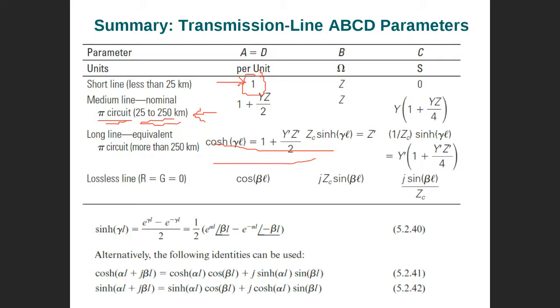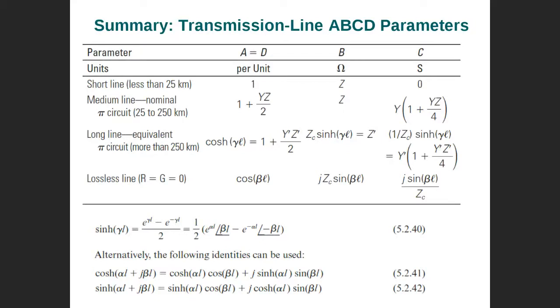It will give you maybe 2% more accuracy. Is this worth it or not? Then you decide as an engineer whether you want more accuracy. So we are not just sticking to it: if it is maybe 250 kilometers, then I will use a medium transmission line. Sometimes we need to do the long transmission line to be exact.